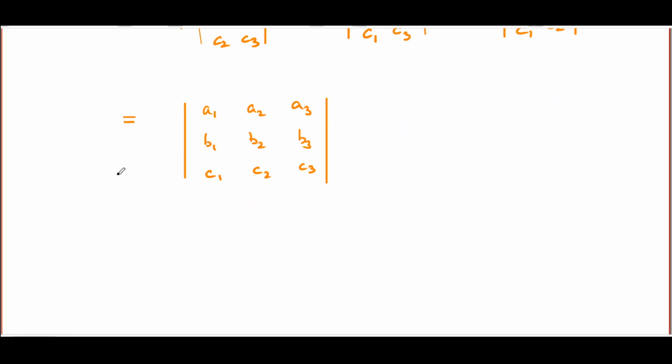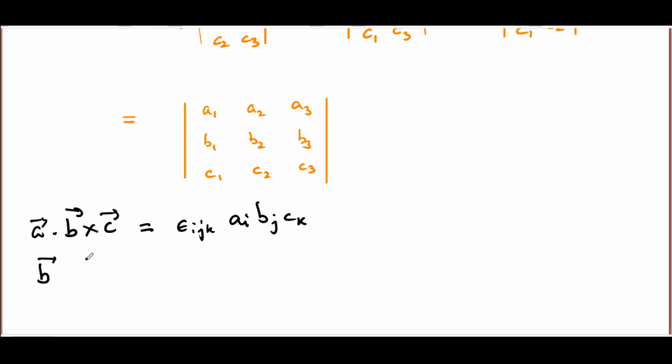As an example of how useful this notation that we have introduced is, let's take another look at this expression. And let's try to figure out the relationship between this quantity and this B dot C cross A, where you have the same three vectors but permuted in a cyclic fashion.